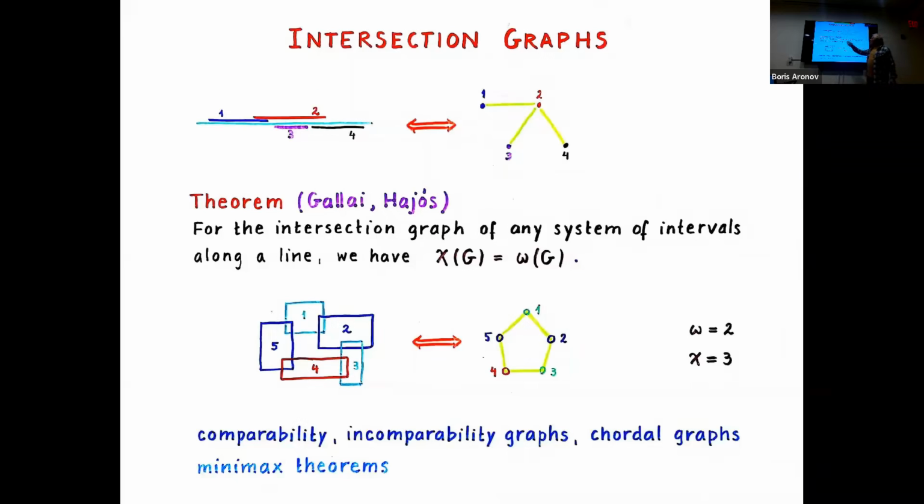And the intersection graph of a system of segments is always perfect. For them, the chromatic number is equal to the clique number. There are many beautiful simple proofs of that.